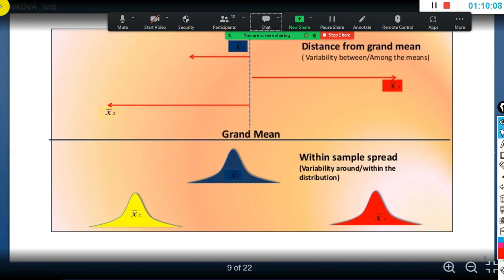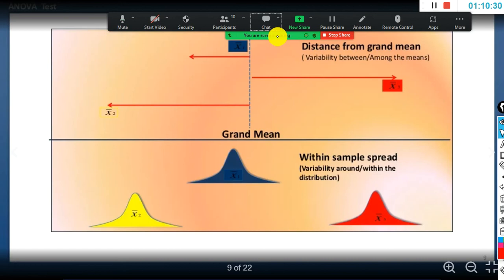How far is each group's mean? Store 1 mean is falling exactly here, store 2 mean is falling far away from this, and store 3 mean is falling far away from the grand mean. So the distance from the grand mean, how far, is the variability among the means.